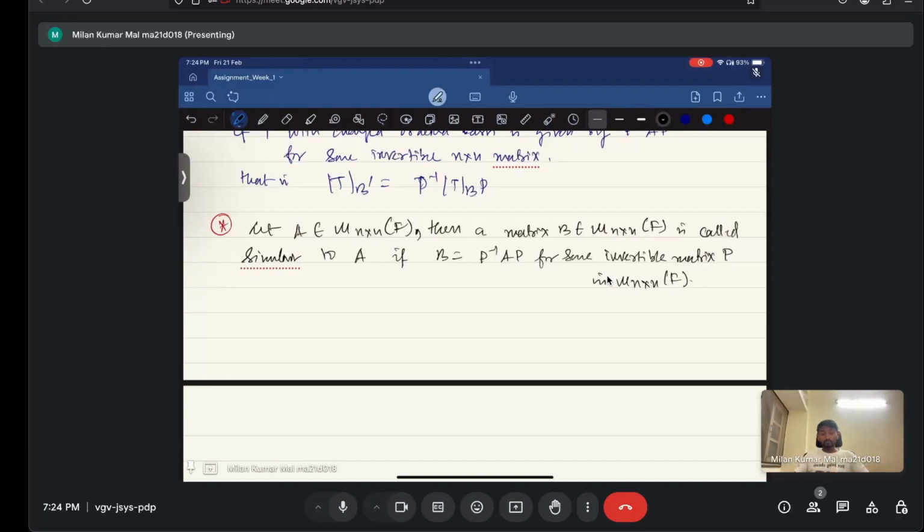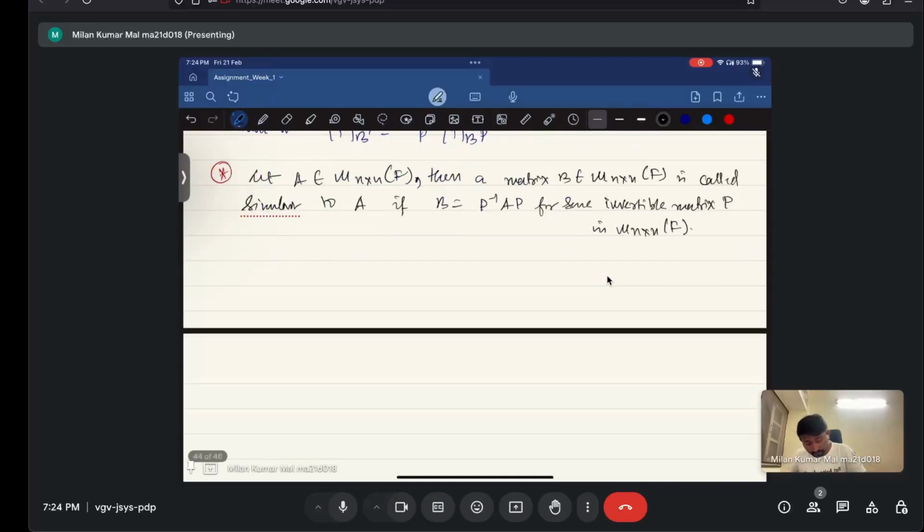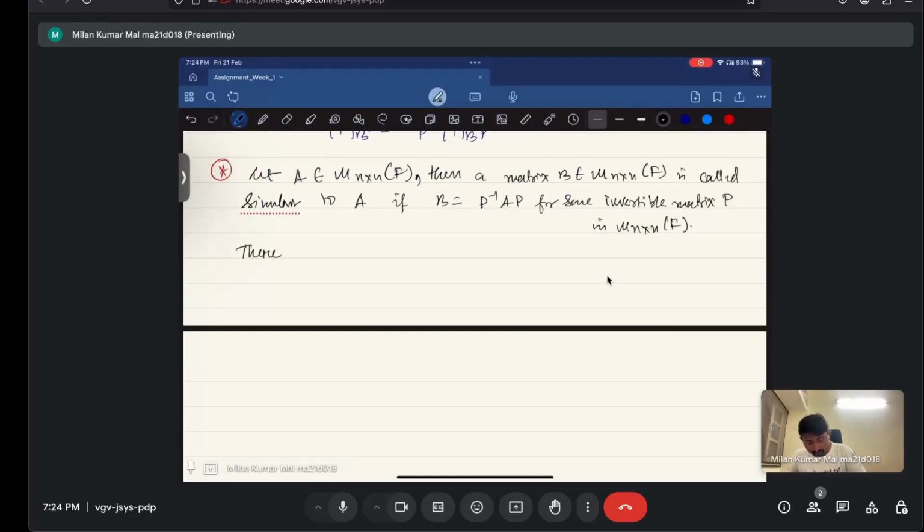So that is, therefore, matrices corresponding to different ordered bases are similar.